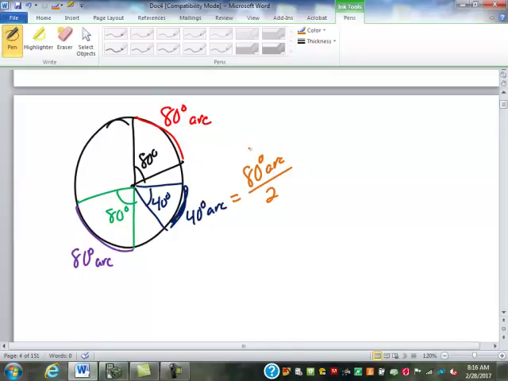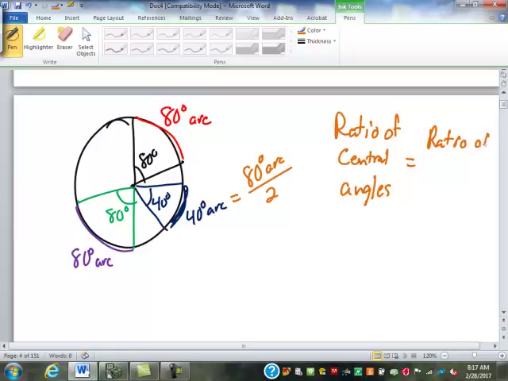So the ratio of the central angles is equal to the ratio of the arc length. This had half the angle, it had half the arc length as the 80-degree angles.